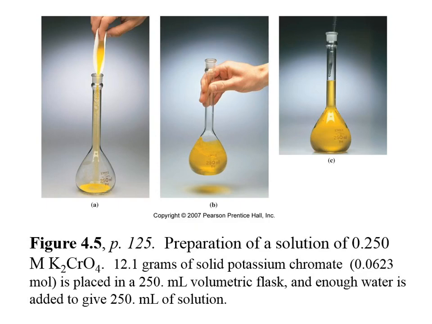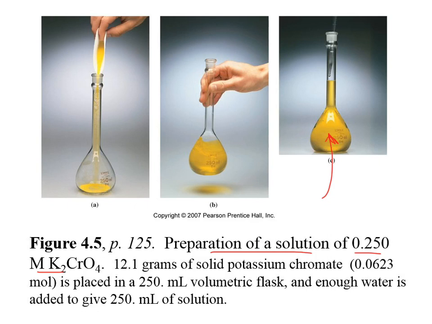So here's a still image of doing the same thing, taking the solid solute in this case, and the caption of what's being done is down below here. One of the things with chemistry problems is reading a paragraph like this and saying, now what is that? Okay. So they're saying the goal is to prepare a 0.250 molar solution of potassium chromate.